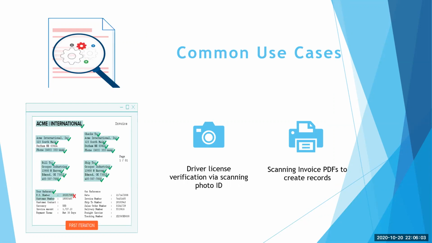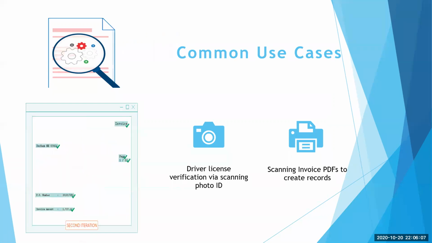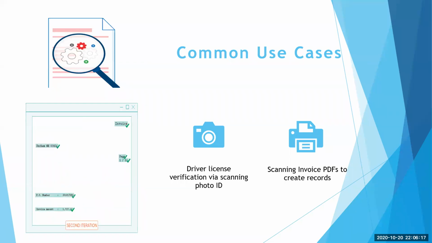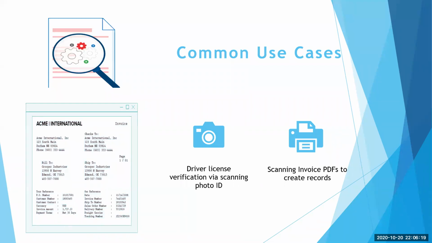Here are some common use cases for Einstein optical character recognition. That is driver license verification when we scan the photo ID. It is usually helpful for traffic police and other people in traffic scenarios, and to scan invoice PDFs and create records directly.